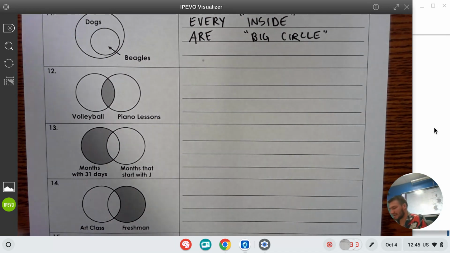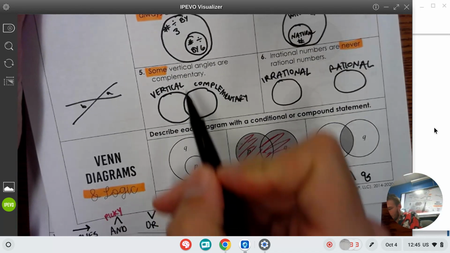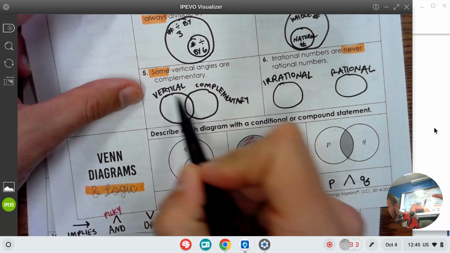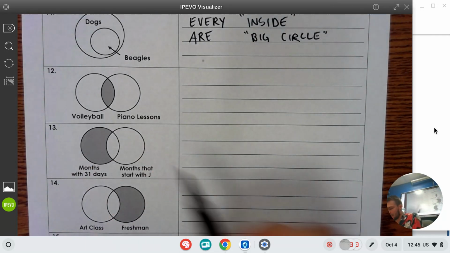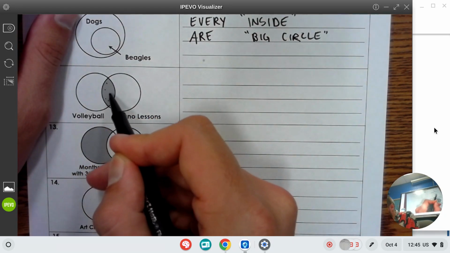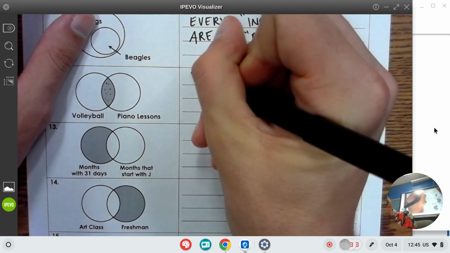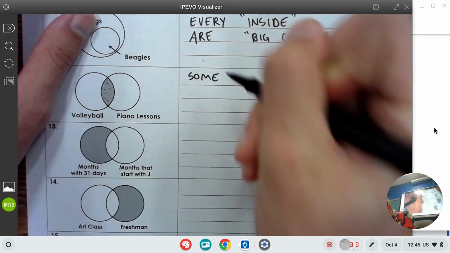Just like on the front, when we saw the word some and we made overlapping circles, I see that we have overlapping circles. We're talking about the middle part here. So I'm going to use the word some.